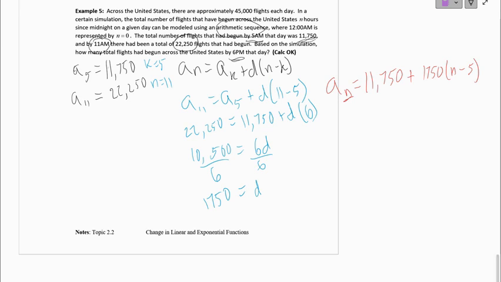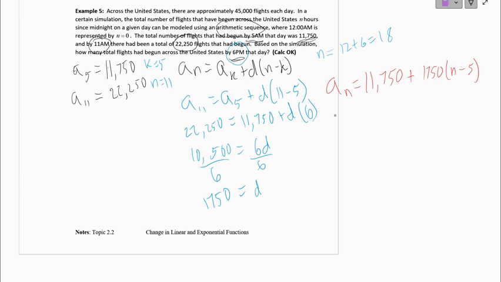Now, one thing where students sometimes make mistakes is the time here. It's 6 p.m., which actually means n would be 12 plus 6, so it's 18 hours from midnight. The 12 is from midnight to noon, and then noon to 6 is this extra 6 hours.